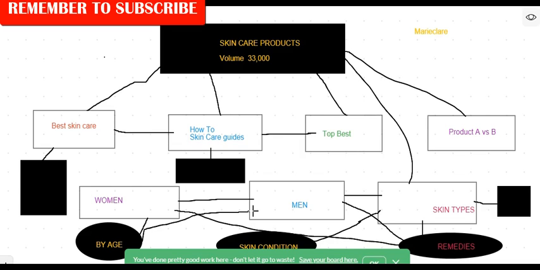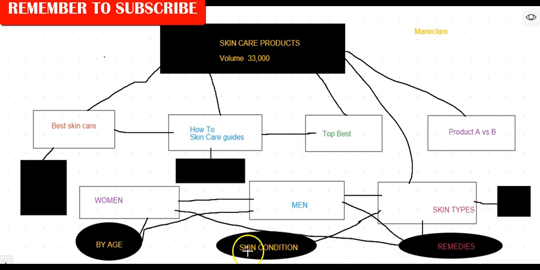Now, if you can see what is happening here, this whole network of pieces of content is connecting to this page here, the main article, the main keyword that our goal is actually to rank for.